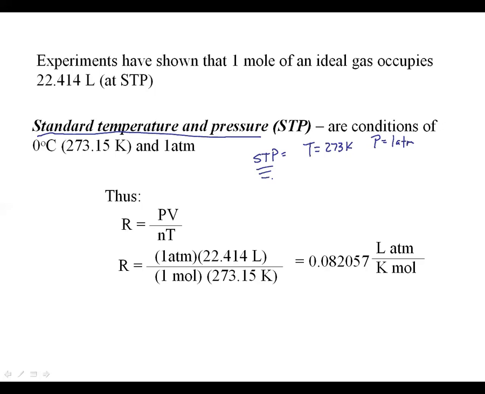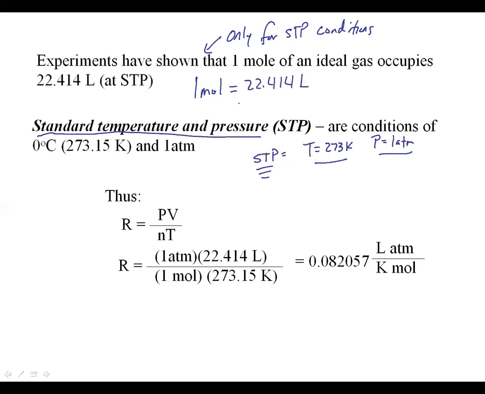Now, there is a relationship, which is really what this top one is here, and it is only for STP condition. So if the temperature is 273 and the pressure is 1 atmosphere, then you can use this relationship here, which is 1 mole of any gas that you have will equal 22.414 liters.